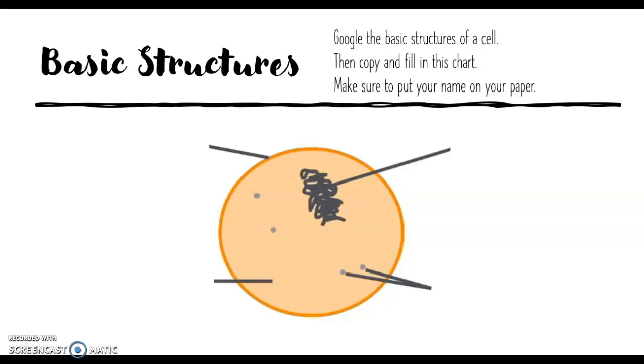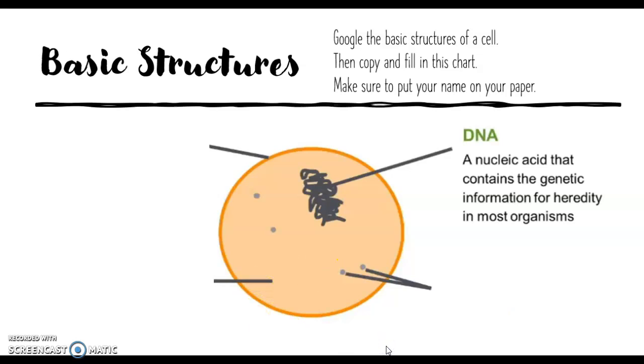You're going to fill in this chart, and then you're going to take a picture of it and email it to me. Here we go. So this is the basic structure. There are 4 basic structures. First one, DNA. That's the nucleic acid that contains the genetic information for heredity in most organisms.